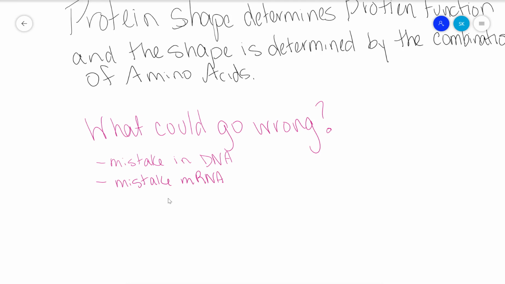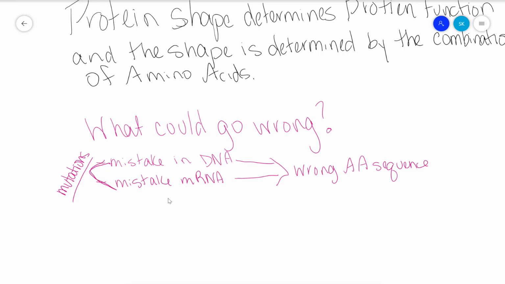If we have a mistake in either one of those two things, then we are going to get the wrong amino acid sequence. And by the way, these mistakes are called mutations. And every mutation, so if we make a mistake in DNA, remember we said that when we create the mRNA, we take out introns and leave the exons.